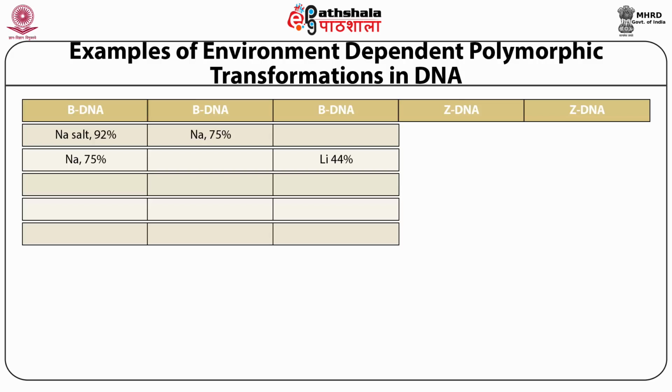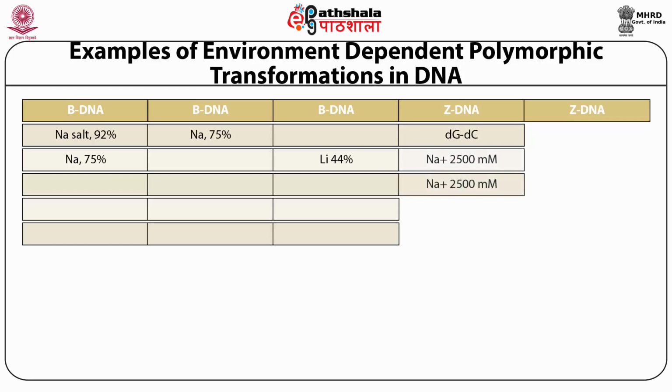G DNA, poly-dG, poly-dC, and sodium salt, 2500 millimole, or magnesium salt, 700 millimole, or ethanol, 60%, or pyrimidine, the molecule G DNA is formed.